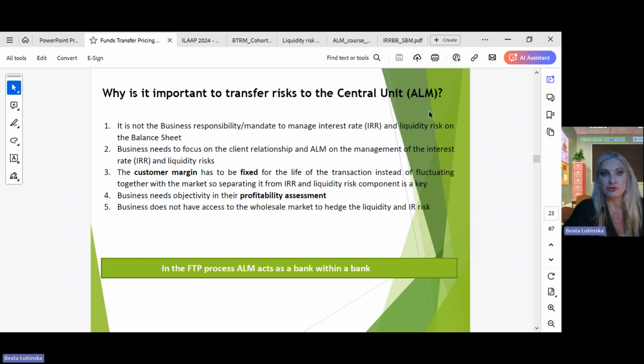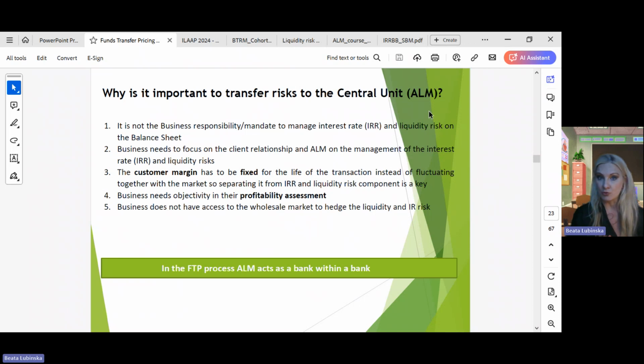Therefore, we are supposed to reflect this cost in the product pricing. How it is done, what decisions are made in the product pricing, is another story. We will come to that. As a principle, remember that this is the split between FTP and commercial margin. Then we want to have objectivity. Remember, one of the important things in Treasury and in FTP is transparency.